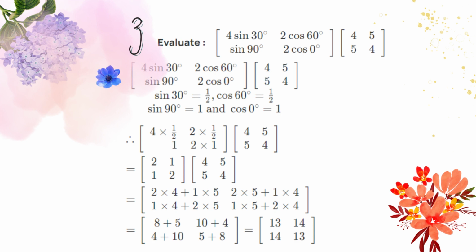Multiplying, we get 2 into 4 plus 1 into 5, 2 into 5 plus 1 into 4, 1 into 4 plus 2 into 5, and 1 into 5 plus 2 into 4.